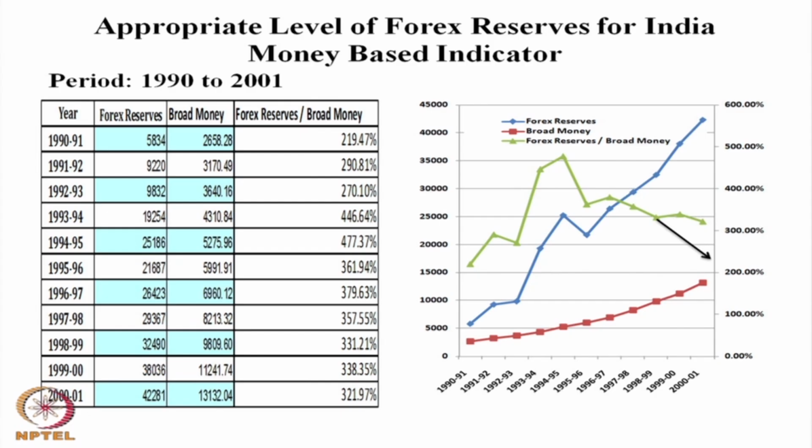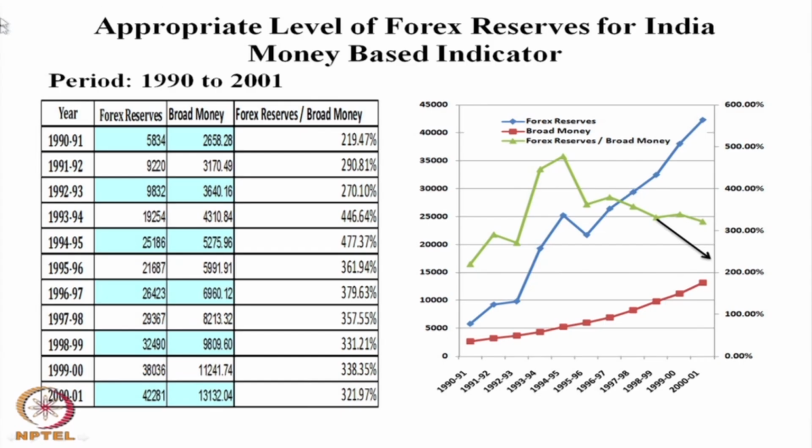I have divided the period into two parts. The first part is 1991 to 2001, the phase of reform measures, and the second part is 2002 to 2012, the consolidation phase of reform. Then, in the two different periods, what is the nature of this money based indicator?